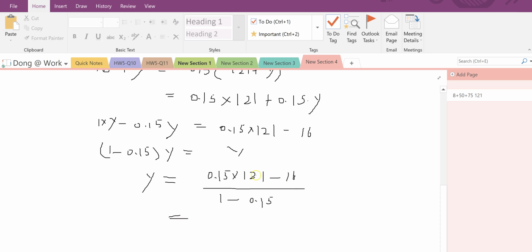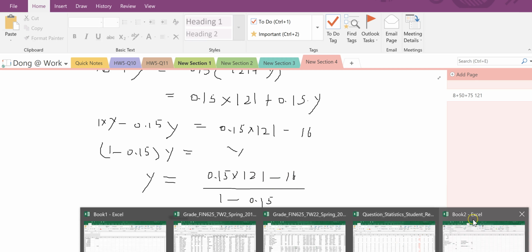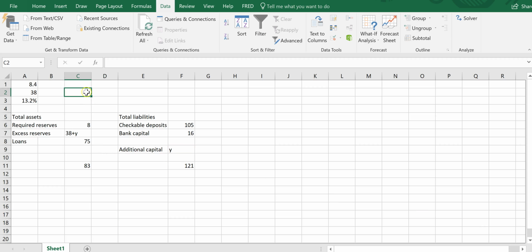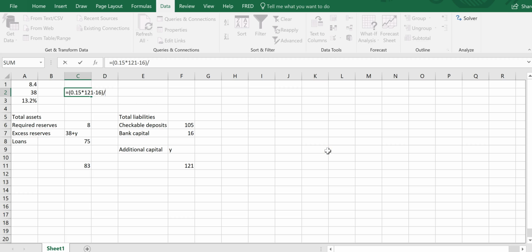So the final step is simply to put everything into Excel and solve out this number. So let me just use 0.15 times 121 minus 16 over 1 minus 0.15.